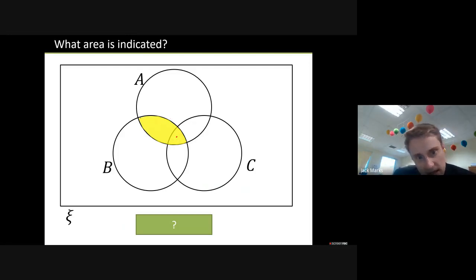It also seems to have, well, what can we say about this area here? This belongs to A and B. So this is like A intersection B. Well, what about this part? Well, that's A intersection B as well.